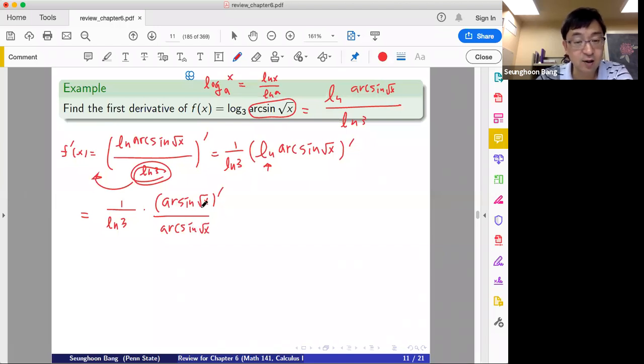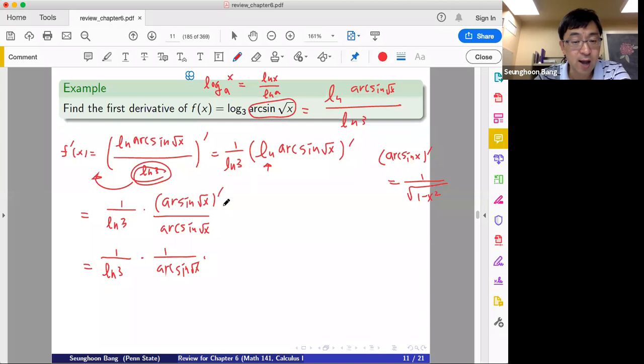How can you find the derivative of arcsine of root x? You can use this derivative rule. The derivative of arcsine x is 1 over the square root of 1 minus x squared. So you have to keep 1 over ln of 3, and the denominator arcsine of root x, times the derivative of arcsine of root x. You can plug the inner function root x into x here. It's like a chain.